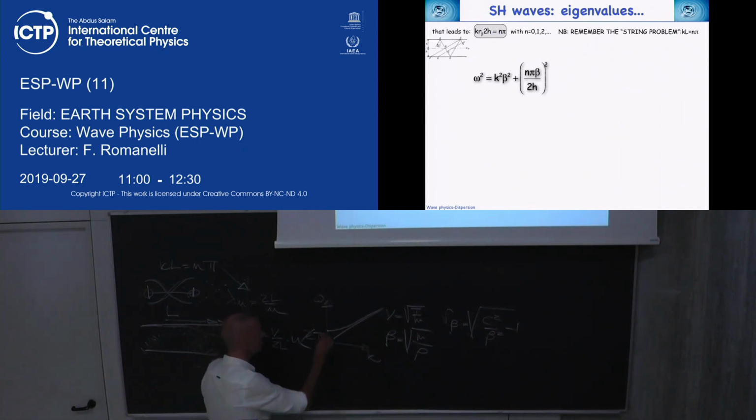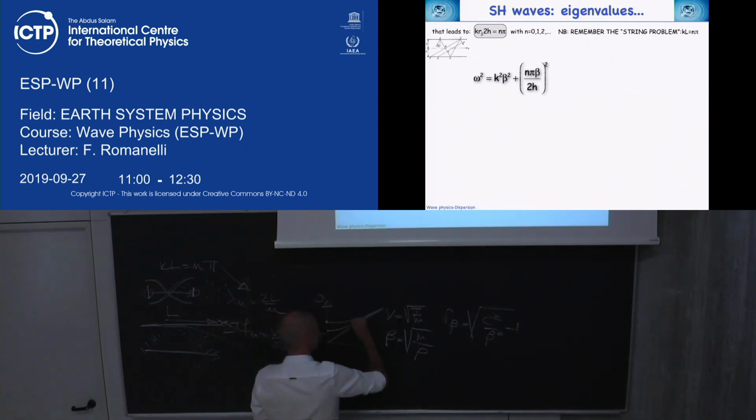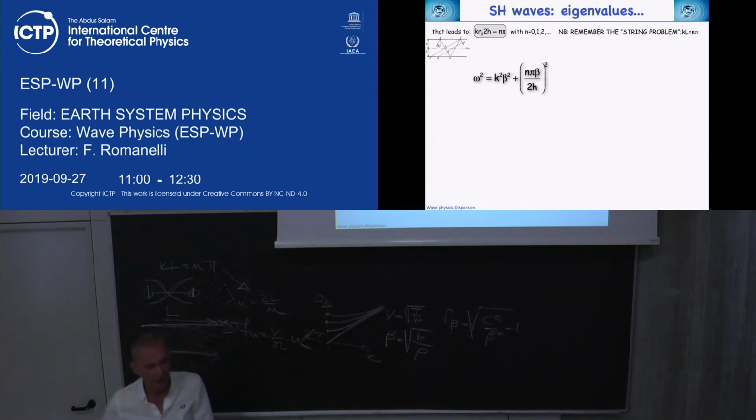When n is equal to 2, n equal to 3, and we have just 1 hour and a half, so I cannot plot all of them. Try to put n equal to 1 and to write the curve between omega and k, it will be a hyperbola, whose asymptote is always this.